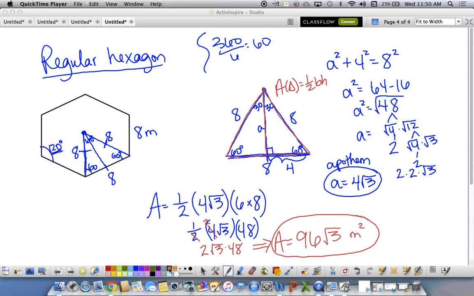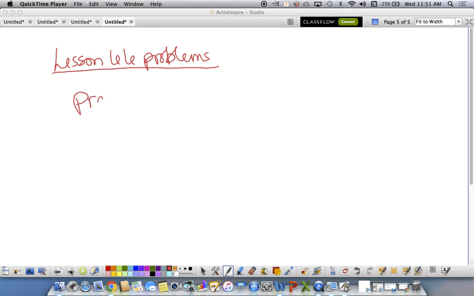All right, I think we're done. So we're going to have some homework: some lesson 66 problems. We're going to do the practice. You can do the practice A through E. When it doesn't give you the apothem, on letters C, D, and E, give me exact values.